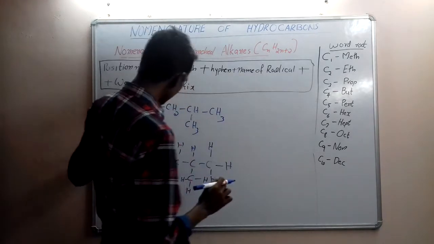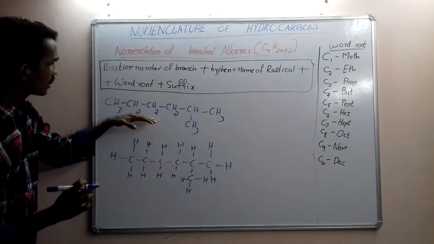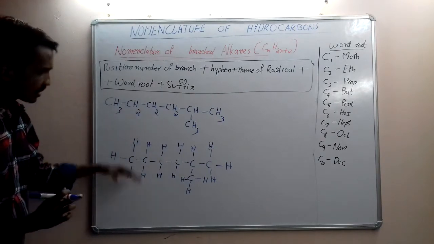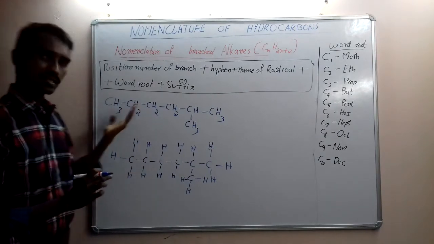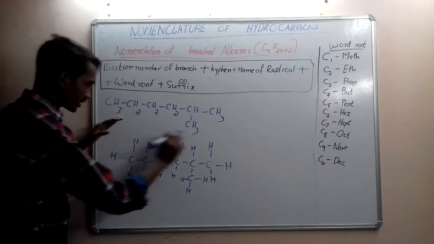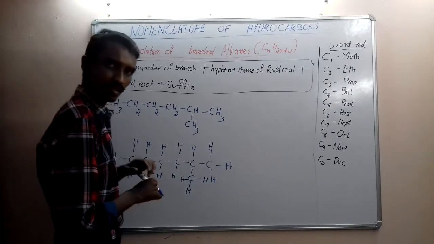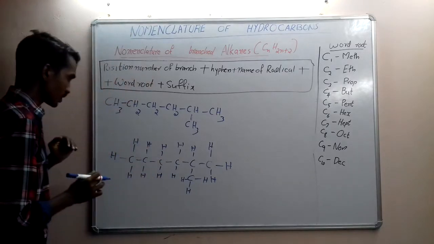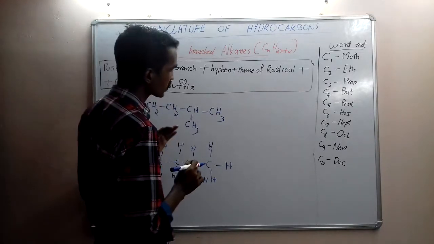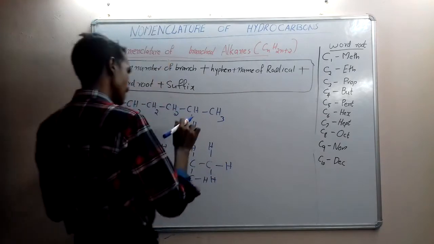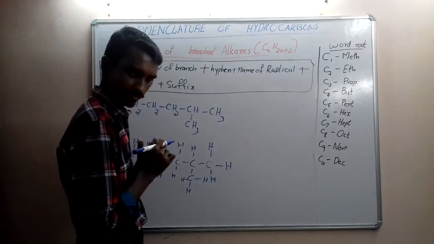It is the same as the structural formula, it is short form. So we neglect this and we take this structural formula. Okay, then from this we have to write the IUPAC name of the compound.